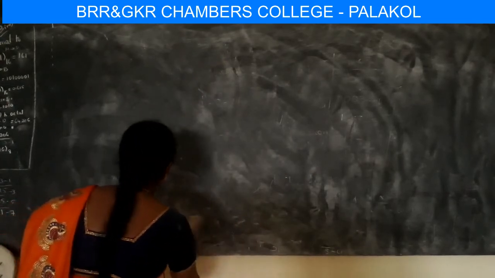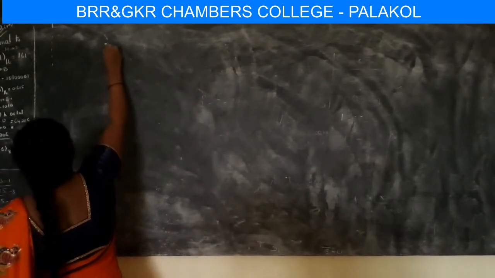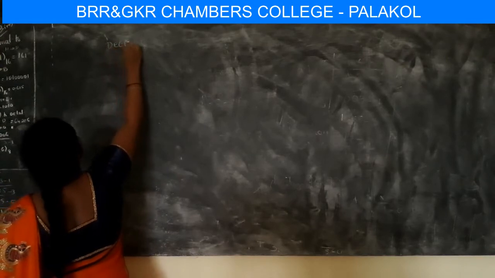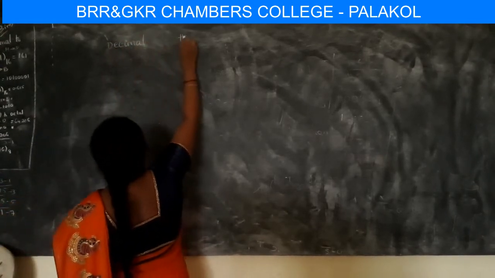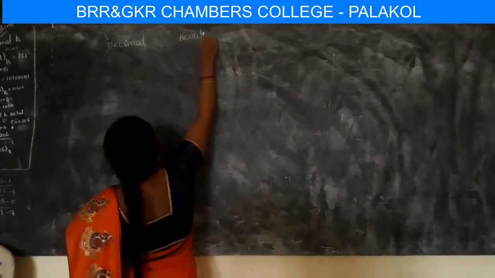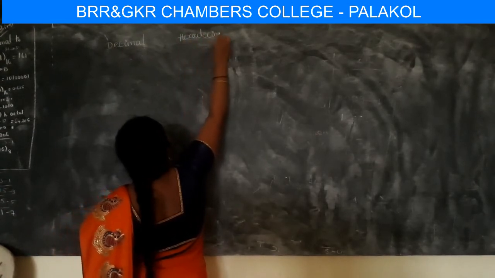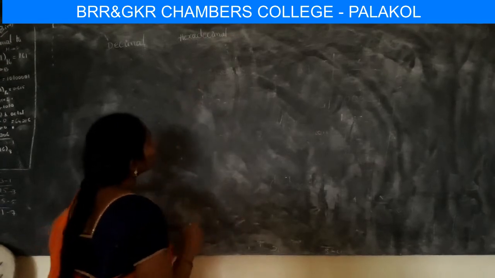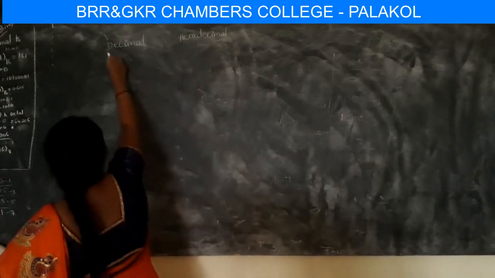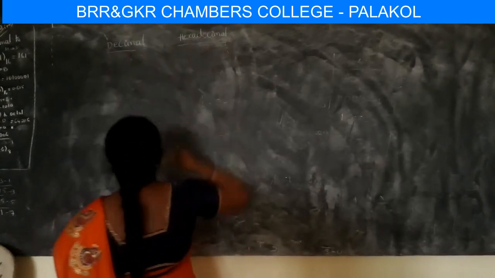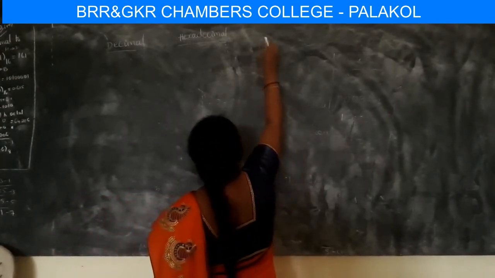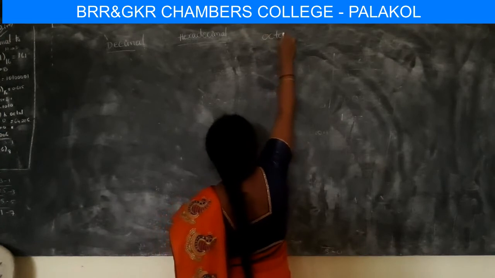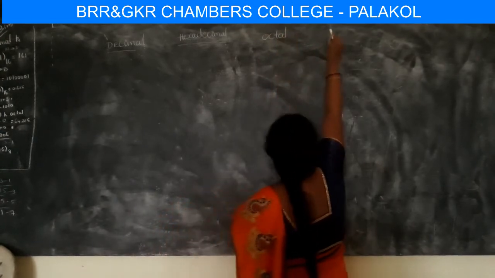So the first one is decimal, and next one is hexadecimal. Decimal, hexadecimal, and after that octal and binary.